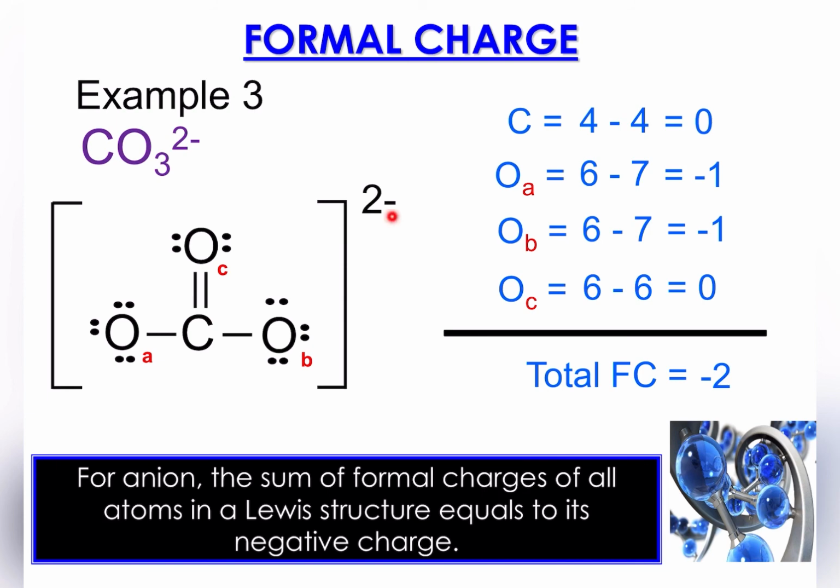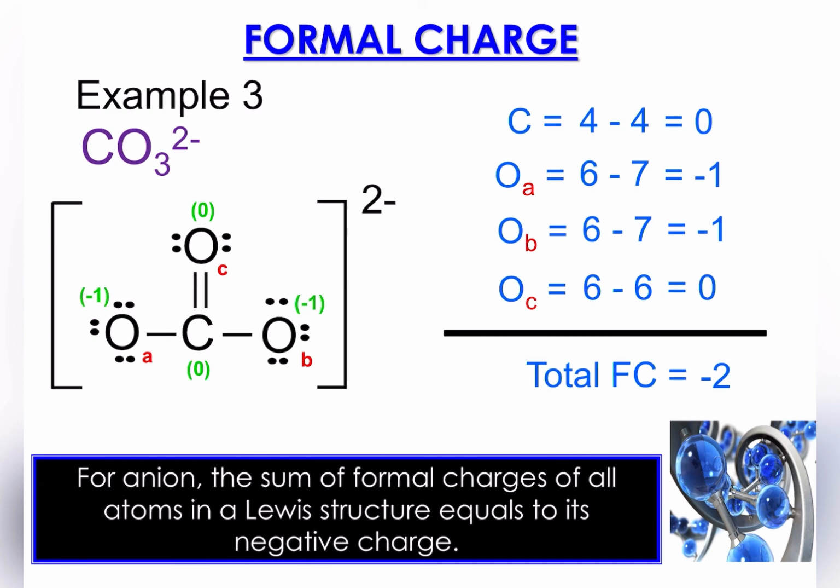Maknanya kita ada negative charge, negative 2. Formal charge mesti dapat nilai yang sama dengan negative 2 here. So our calculation is proven. Now, don't forget to label the formal charge that you got from here on each atom dalam awak punya Lewis structure. So your final answer will be just like this.